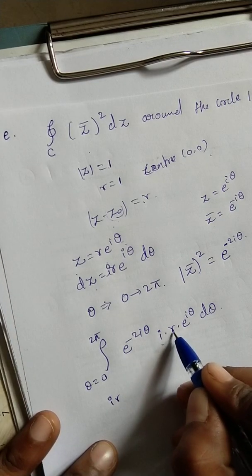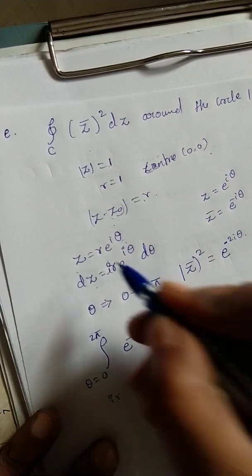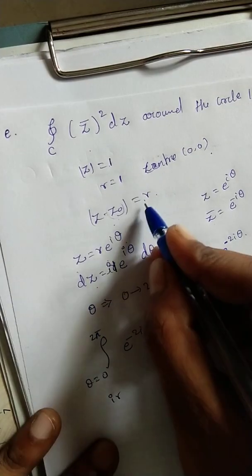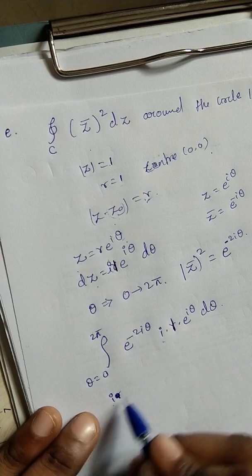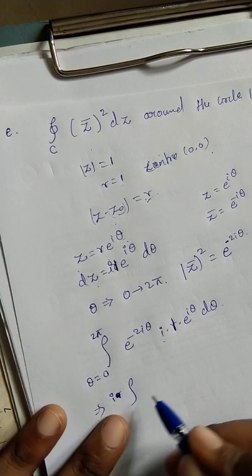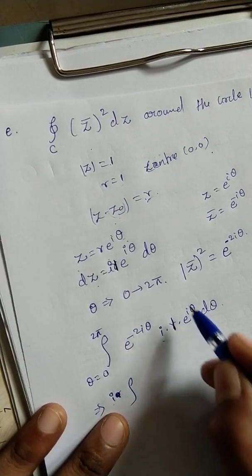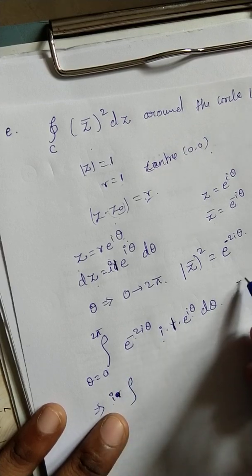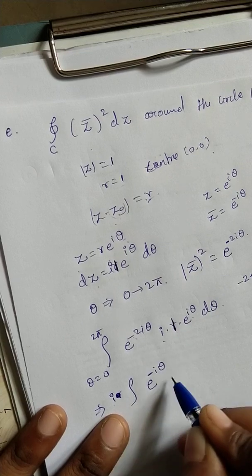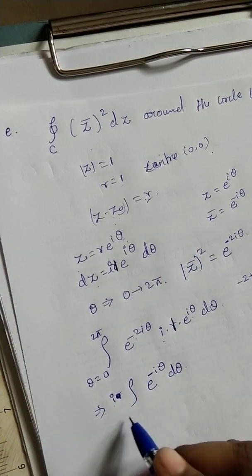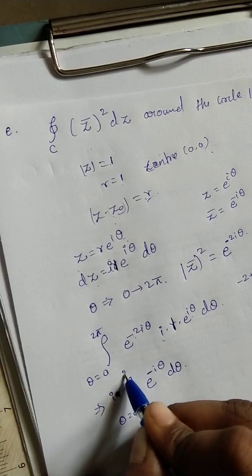Since r is given as 1, we substitute r as 1 from the given equation. So only I we will take outside. Then the integration of minus 2 plus 1. Okay, it is like a power, minus 2 plus 1. So minus 2 plus 1 is negative. So minus e power I theta into d theta. We have to integrate with respect to theta.